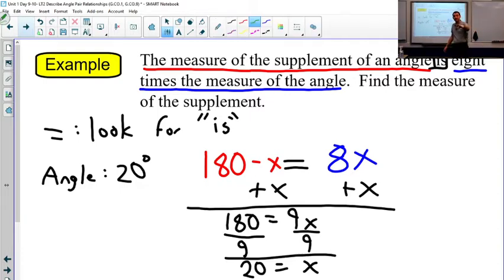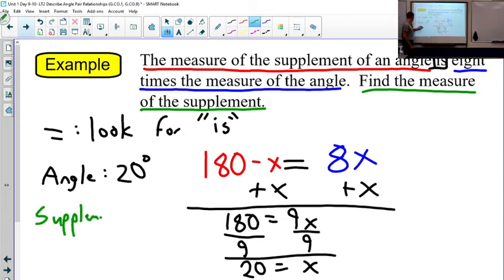Now, the last thing we want to do is make sure that we've answered the question we're looking for, which is find the measure of the supplement. We want to make sure we're finding the thing that we're being asked to find. So the supplement, well, we know our pattern for supplement.